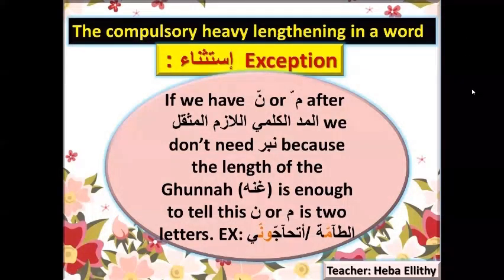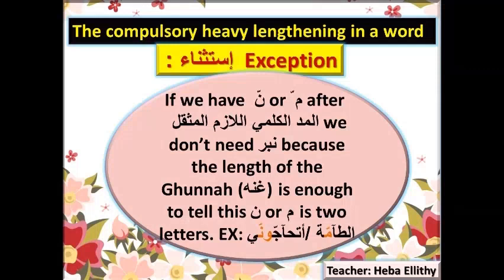If you notice here, we didn't make any nabr in the noon shadda here, but in the jim shadda we make nabr, because noon shadda has ghunna, the longest ghunna in the Quran, and it's enough to show me there are 2 letters, it's not 1 letter.